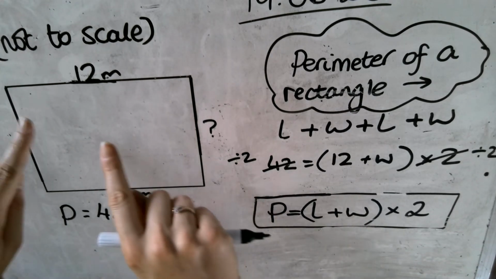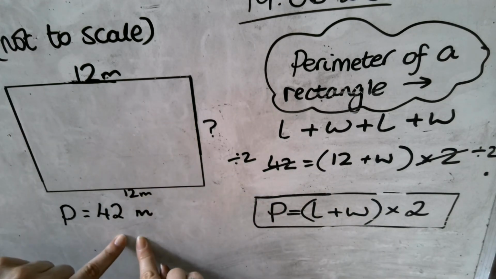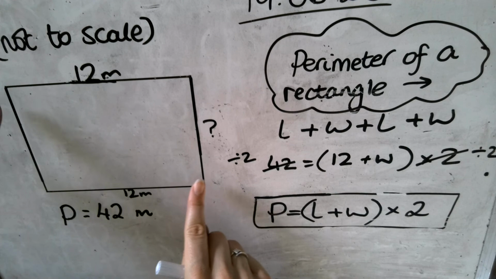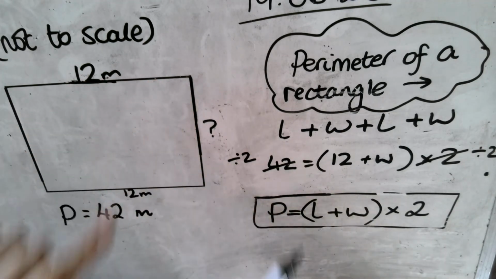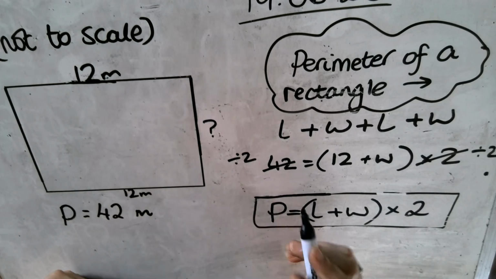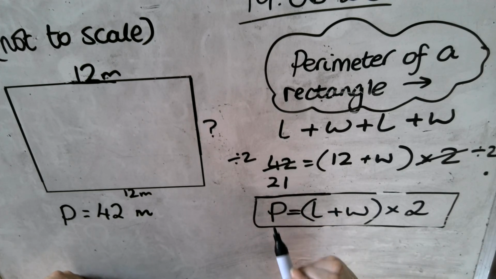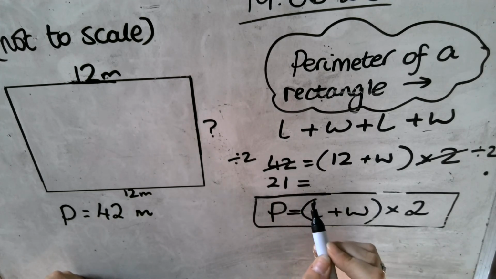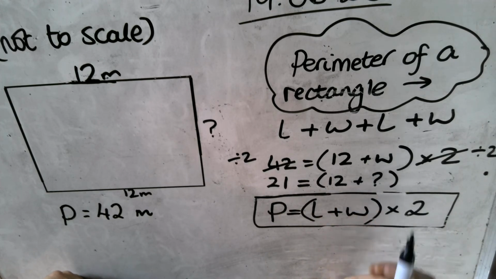So if we're just looking at one length and one width, that's going to be half of 42, isn't it? Because half of 42 is going to be this side and the other half is going to be this length and width. So we need to find half of 42. So half of 42 is 21. So we know that 21 equals 12 plus W, plus question mark.